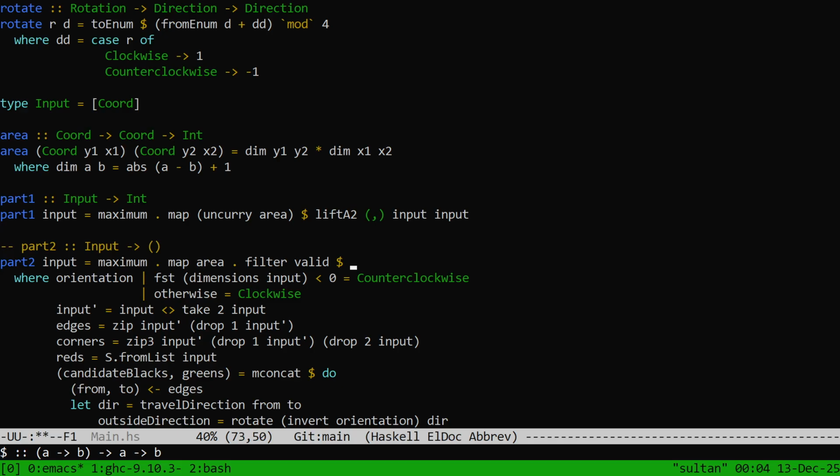Filter valid of lift a to of input, right? Take every pair of red cells, red tiles, and if it makes a valid rectangle, determine its area.